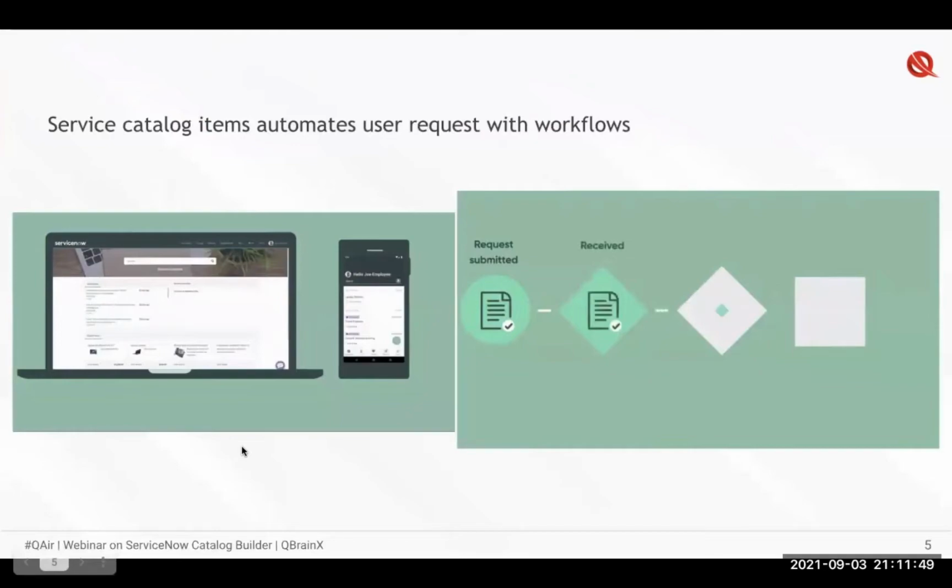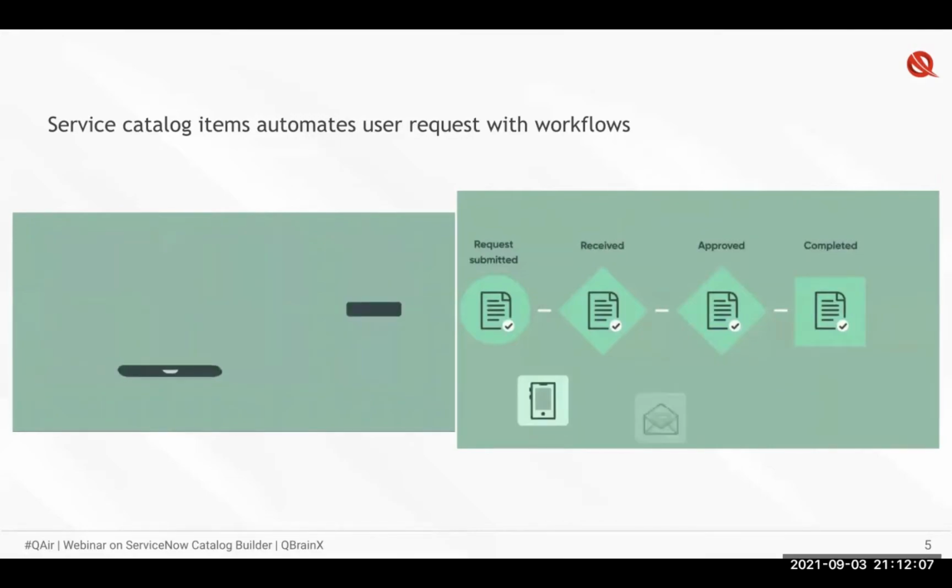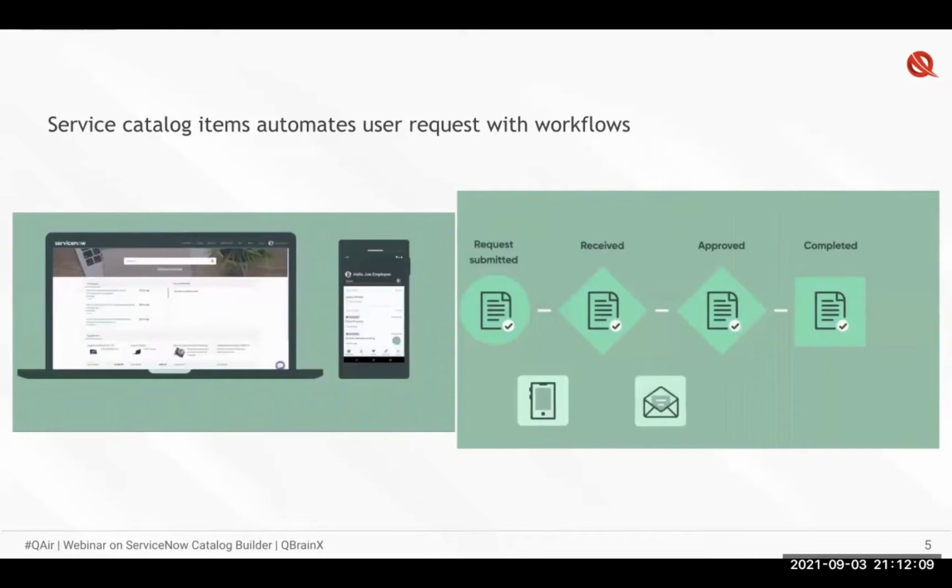Service catalog items automate the user request with workflows. By automating the user requests, it eliminates the time consuming and inaccurate manual process. In the traditional way, before catalog items were introduced, in order to collect details from users we had to use phone calls, emails, or spreadsheets.